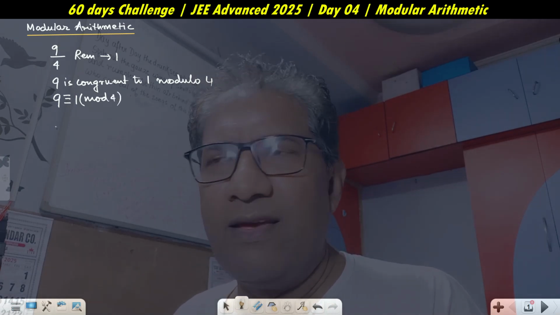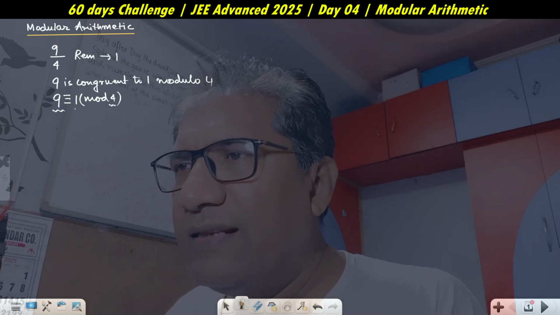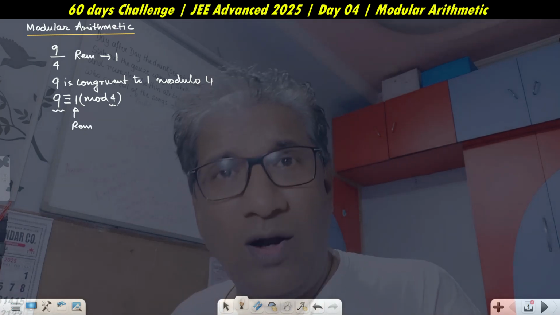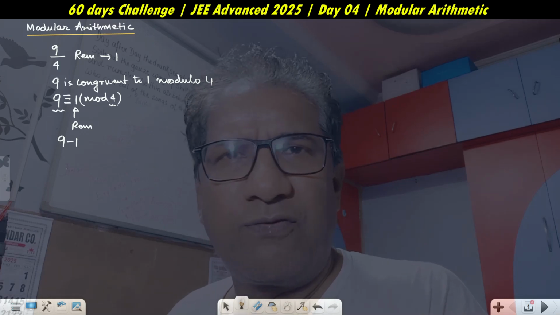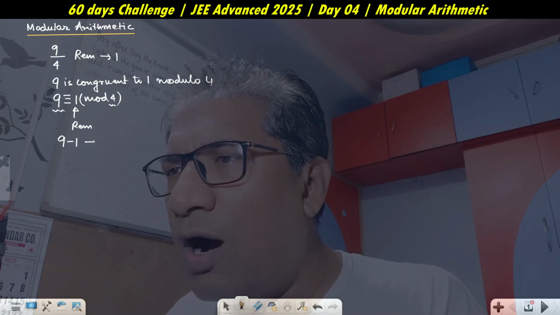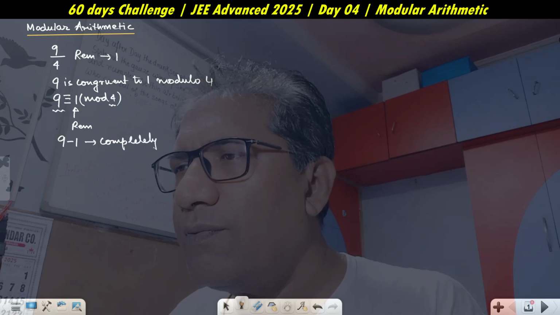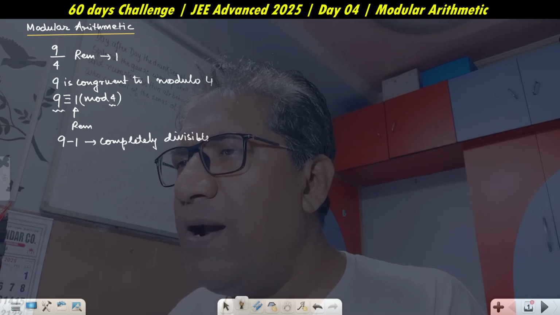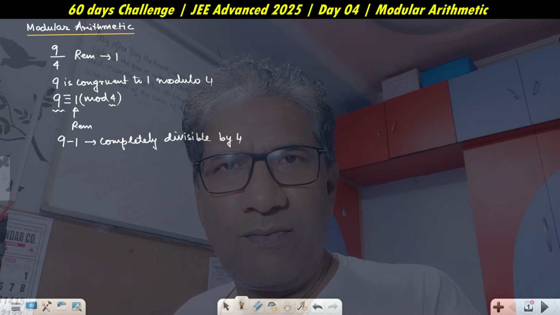It means that when 9 is divided by 4, the remainder is 1. Or in other words, you can say that when 1 is subtracted from 9, it is completely divisible by 4. That's the meaning. Is it clear to all?